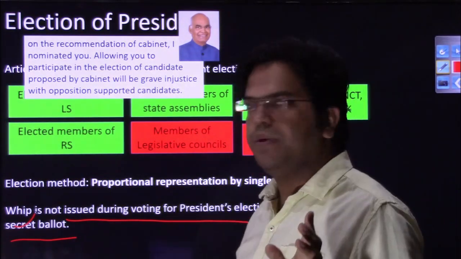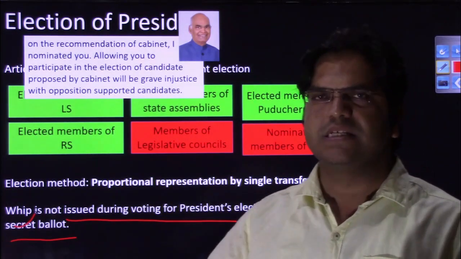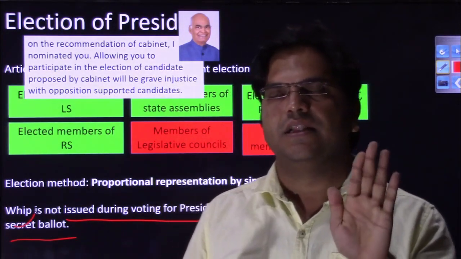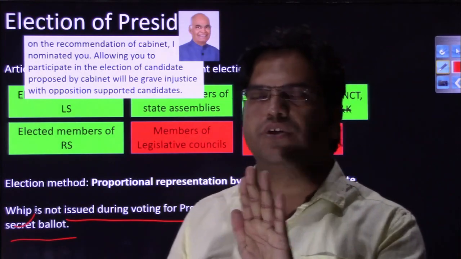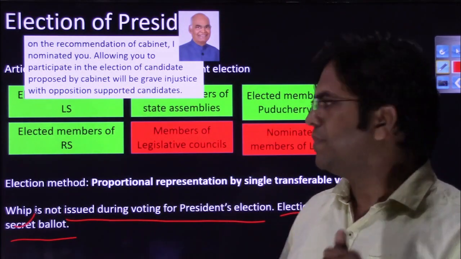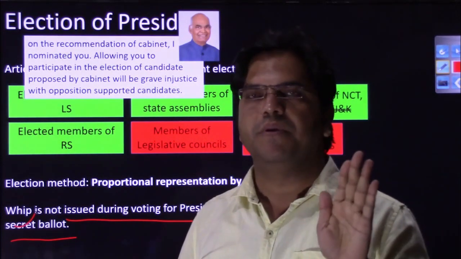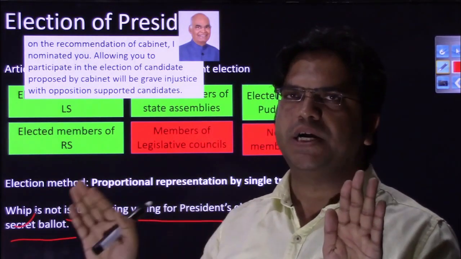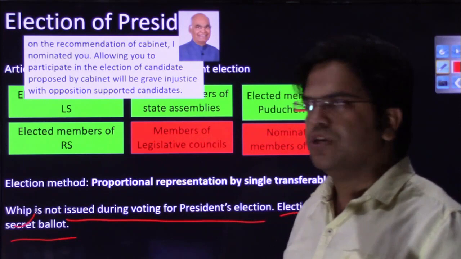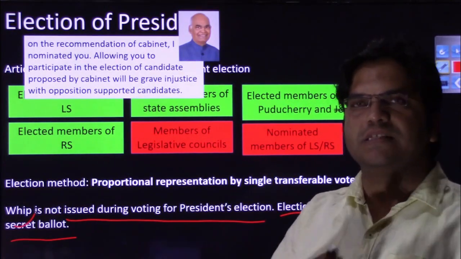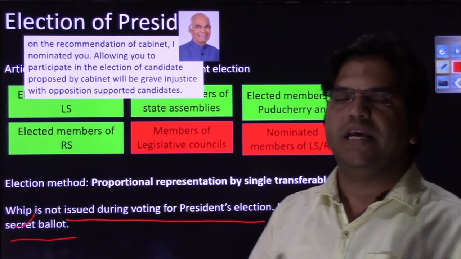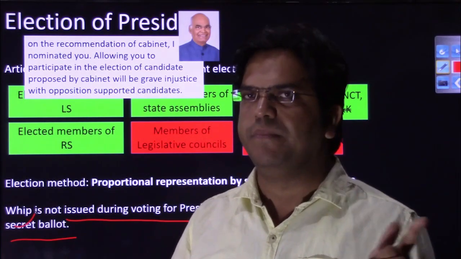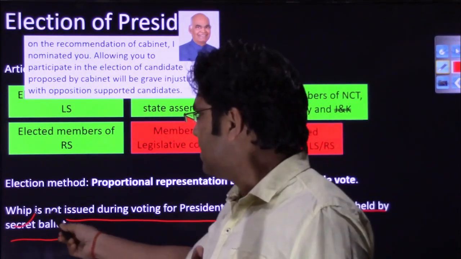If it were an open ballot, his colleagues or party chief could see in what manner he has voted, which candidate, and what preference he has given. He would have to show it to the party chief or party whip in that house, and if there is an informal dictate, there are chances that he or she will be harassed. That's why the secret ballot concept.